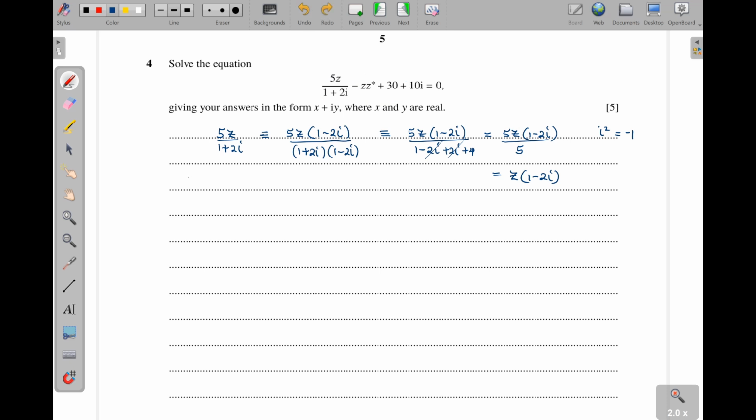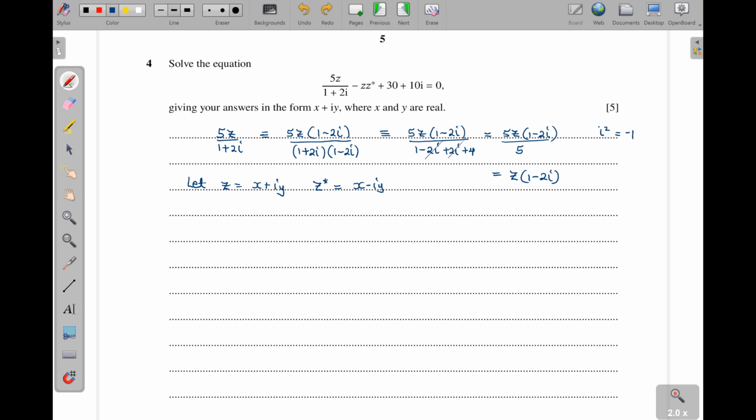First of all, our z is in the form x plus iy. So if it is x plus iy, that means z star, which is the complex conjugate of it, is going to be x minus iy. Now I'll come back here and then substitute. So this one is what we are supposed to put here.